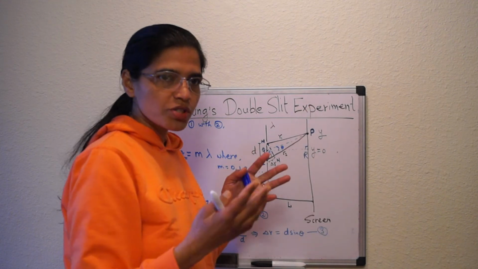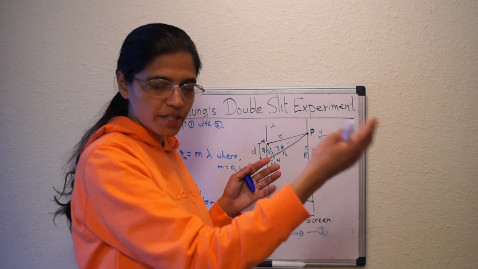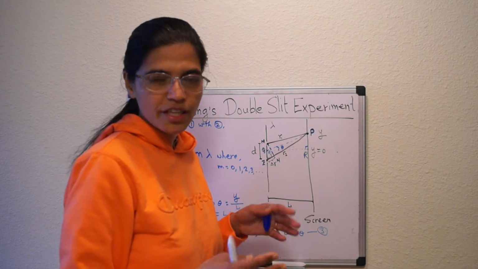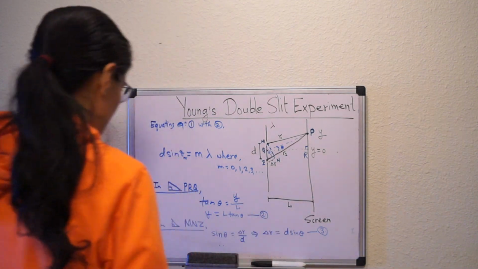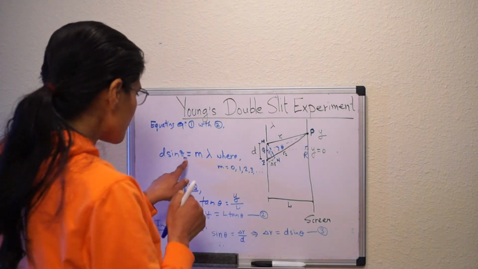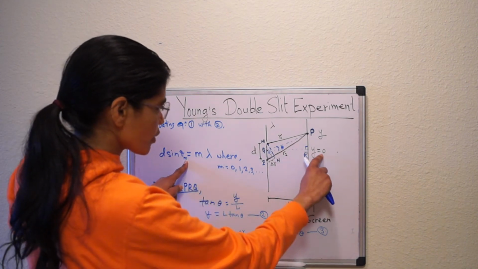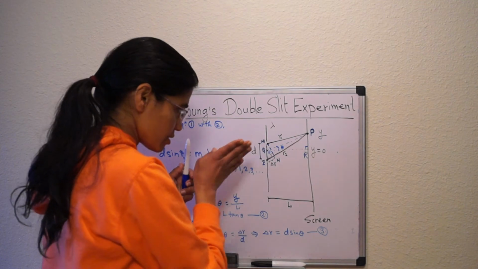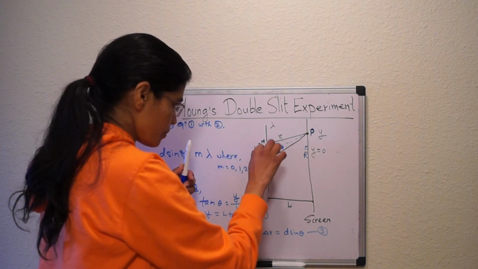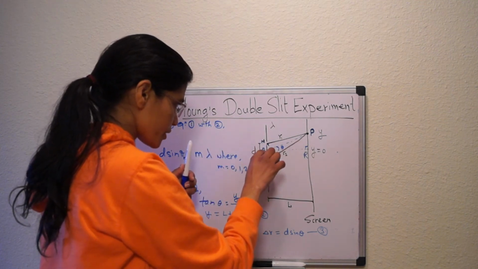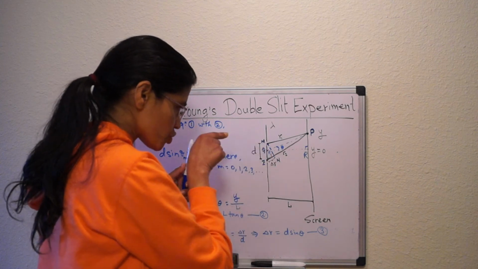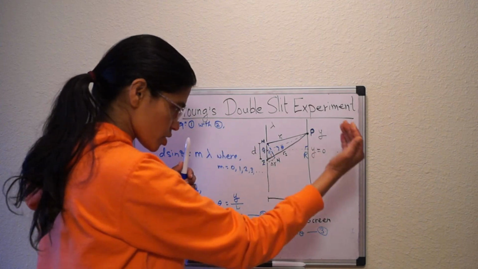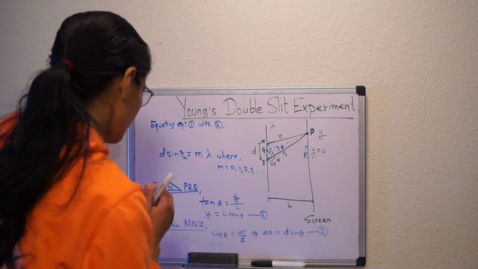This sequence of bright and dark spots are called fringes. So m equal to 0 would be this point when y equal to 0. If we pick a point between the center of the slits and make a straight line from that point to the screen, that point would be m equal to 0.